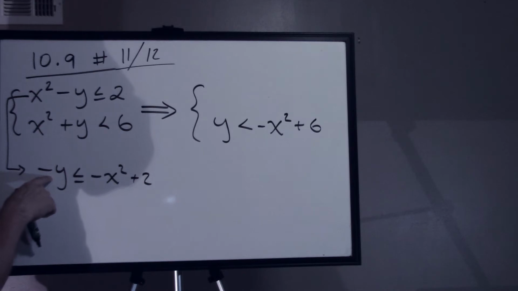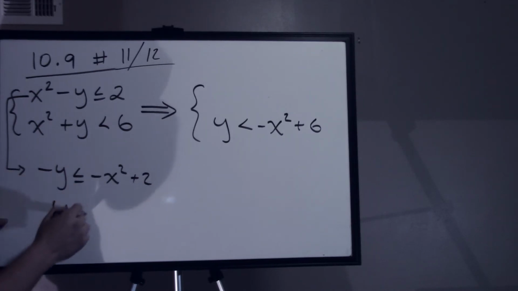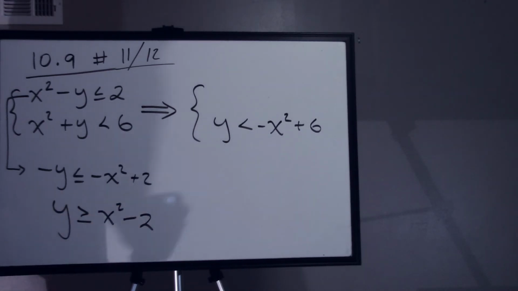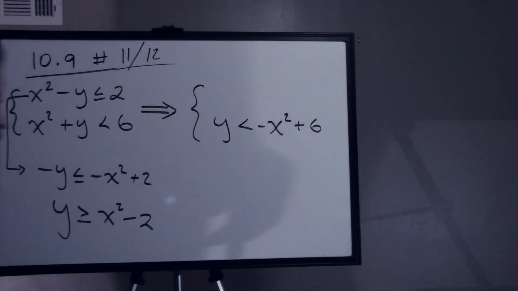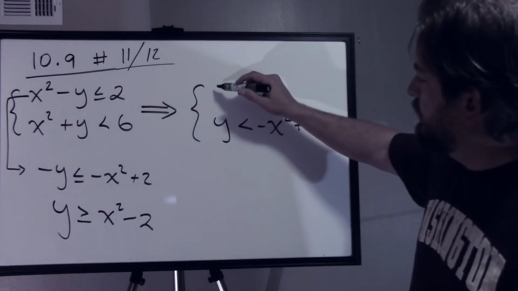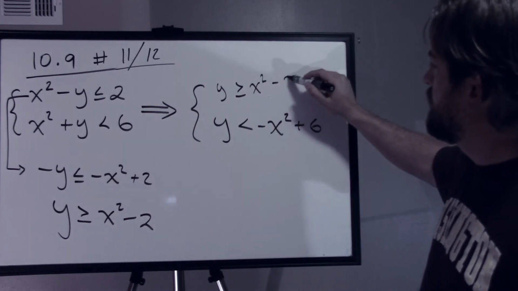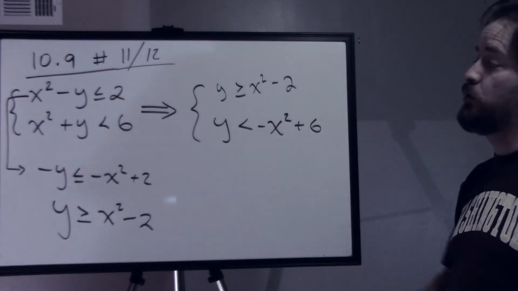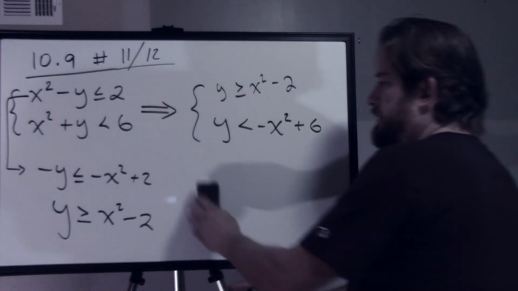But I want to get the y completely alone, so I'm going to divide everything by negative 1, which switches my inequality. Changes all of the signs, and it changes the direction of the inequality, right? So I have that. It's an equivalent system. And this is easier for me to picture in my mind, and therefore probably easier to graph. So let me get rid of this down here.